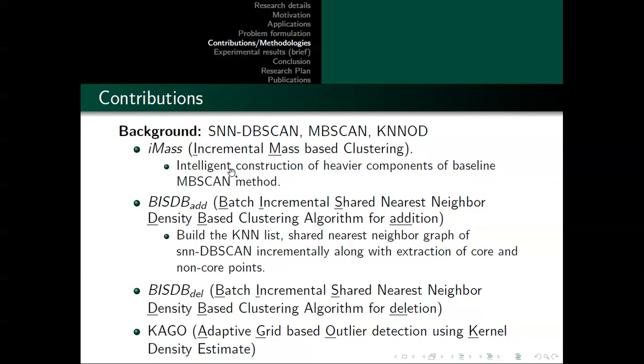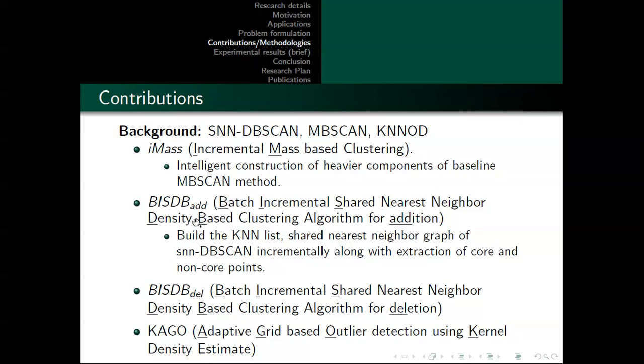It is not a traditional distance-based clustering algorithm, in the sense that it finds density by relying on the distribution of the data. But it doesn't have any incremental extension, so that's why we decided to extend it. The extensions are only related to addition. So IMAS is an incremental addition algorithm, and the additions are made on a single point basis.